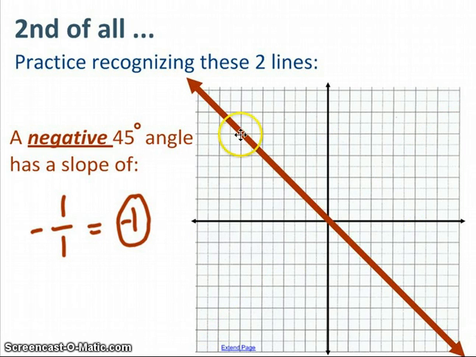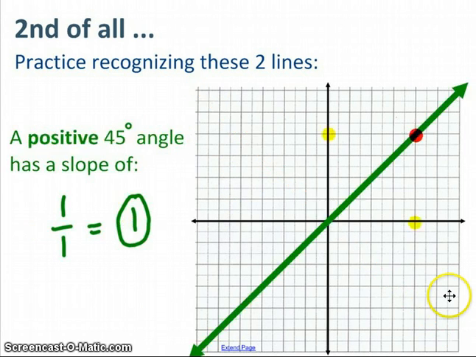Similarly, the mirror opposite, a negative slope that also has values that essentially match, at least in terms of absolute value, is going to have a slope of negative 1. So for example, if I went negative 1 and up 1, I would hit the point. Or if I went negative 3 and up 3, I would hit the line. So that's what a negative 1 slope looks like. And back here was what a positive 1 slope looks like.